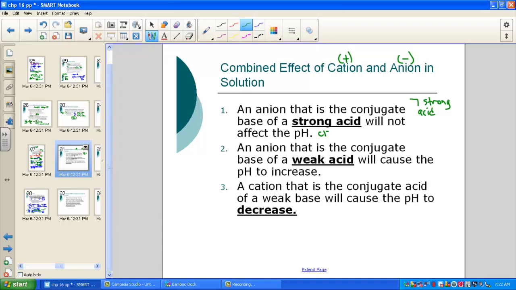HCl, so the conjugate base, Cl negative, no effect. HBr, so bromide, no effect. HI, conjugate base iodide, no effect. We had chlorate and perchlorate from chloric and perchloric acid, 1, 2, 3, 4, 5 of the 7 so far.